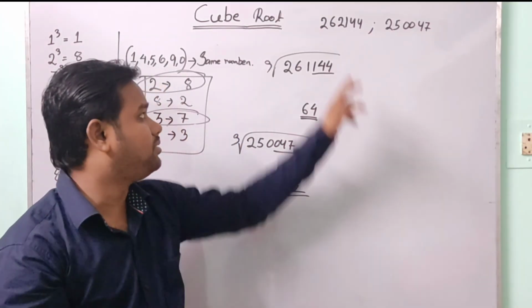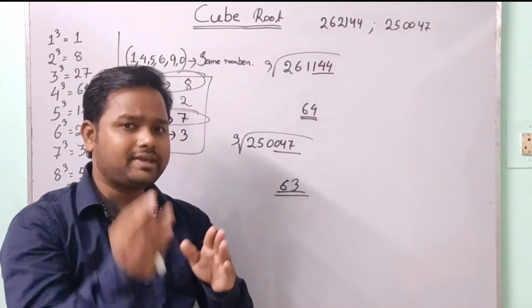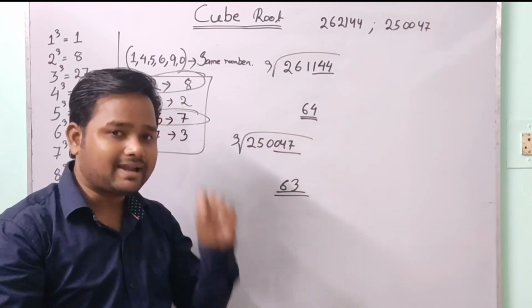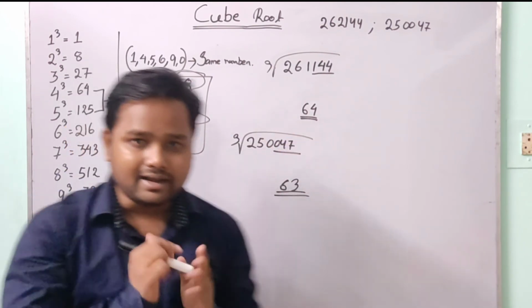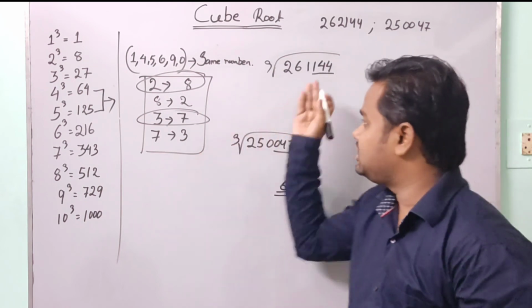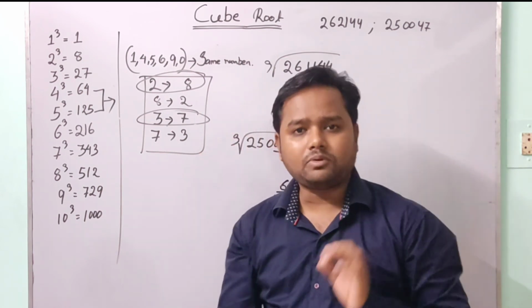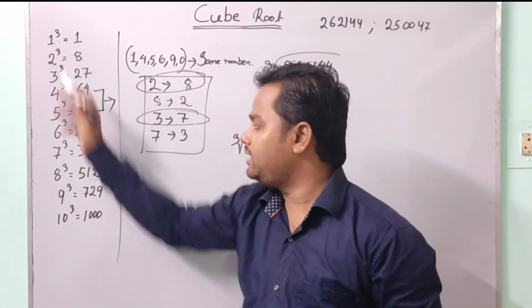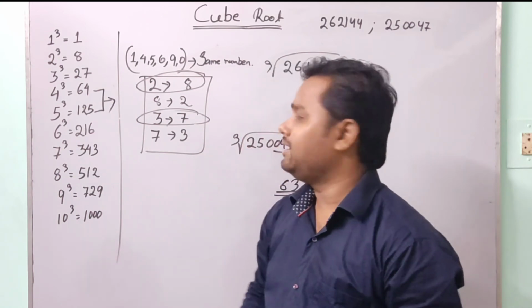If the number is a perfect cube, then we can get the cube root of that number by this process. For getting the cube root, the most important thing to remember is the cube of 1 to 10.